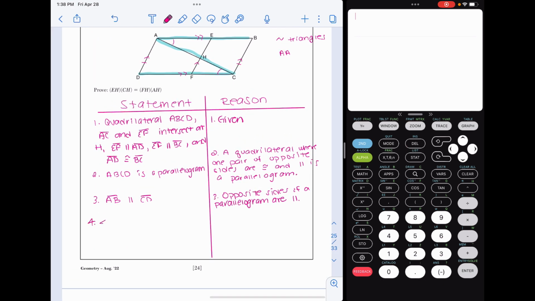So I'm going to say that angle EAH and angle FCH are alternate interior angles.